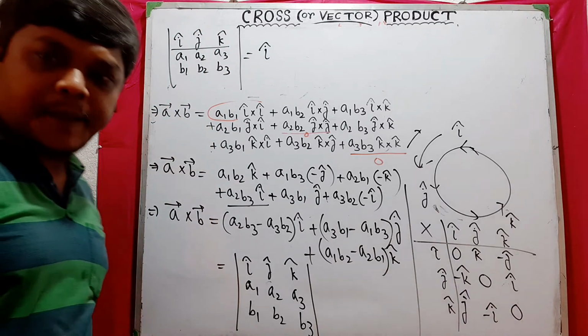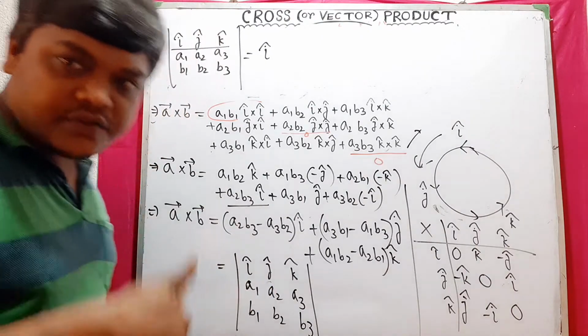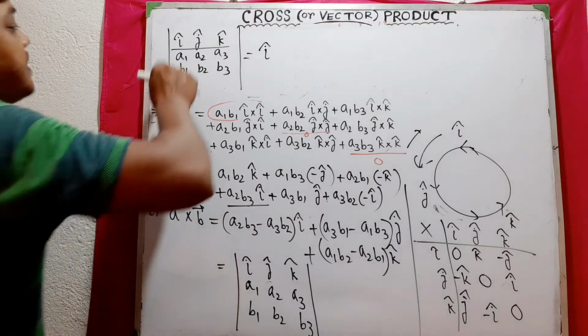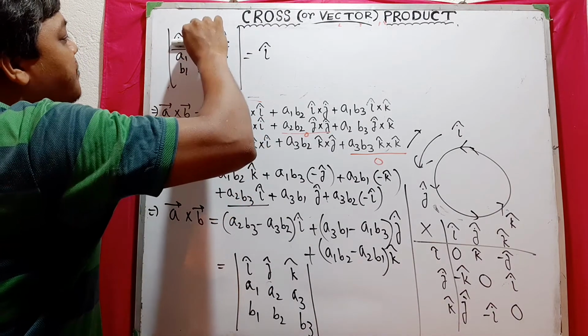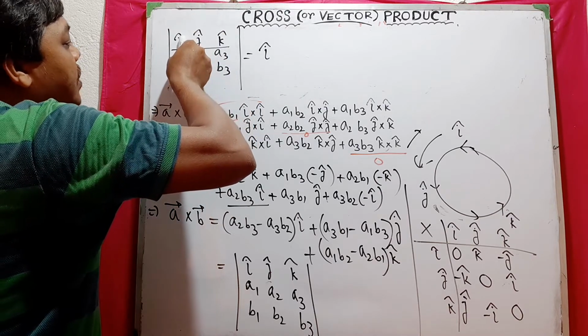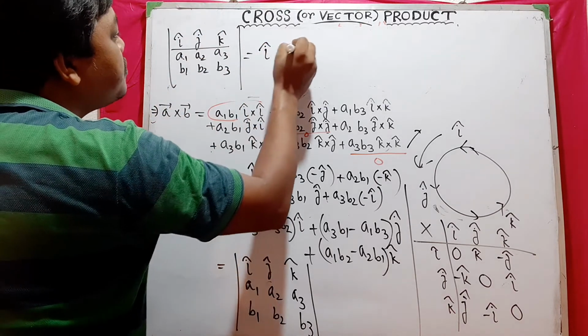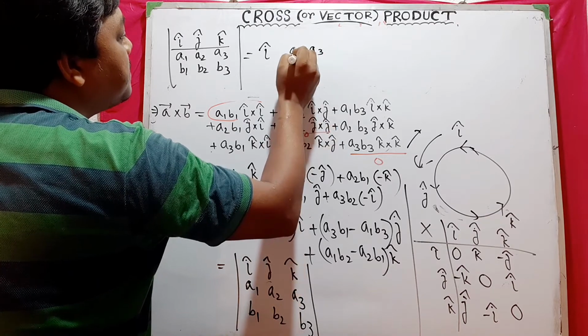So we will expand with the elements of first row. So if I take I cap, so you erase the first row and first column, so you will get A2 A3 B2 B3.